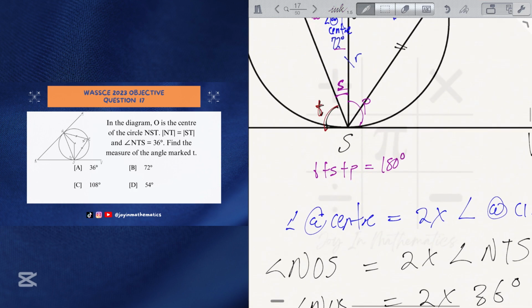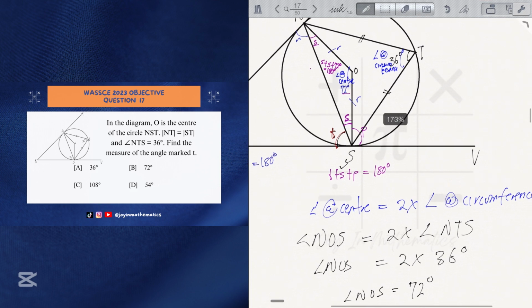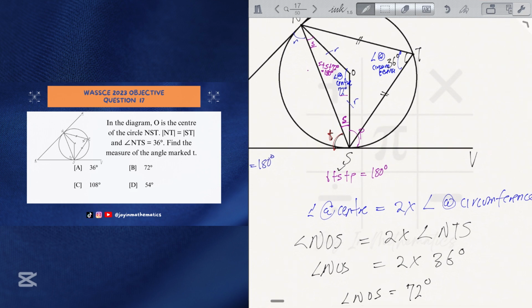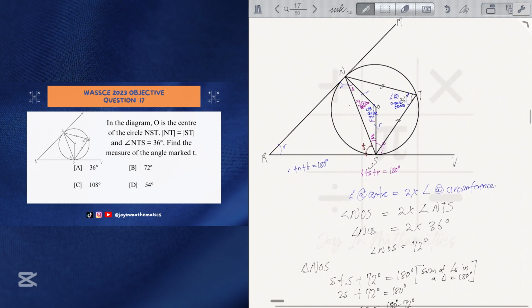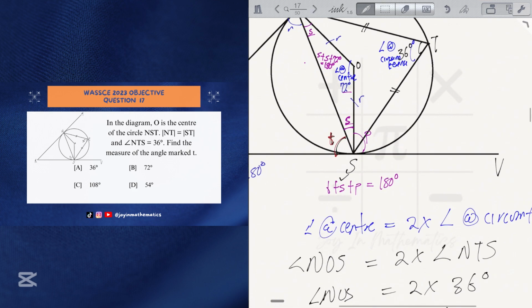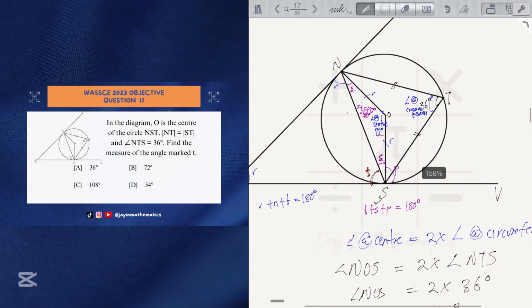Now we know S, we need to evaluate what the value of P is. If we look at this, you will notice that line RSV is a line that meets the radius at point S. So we have a tangent.